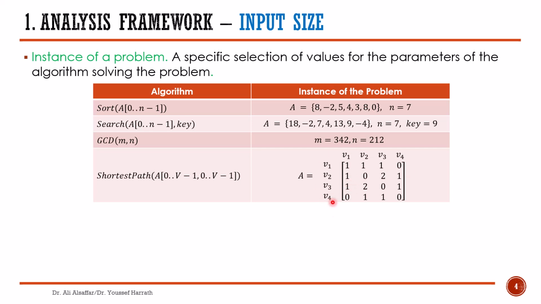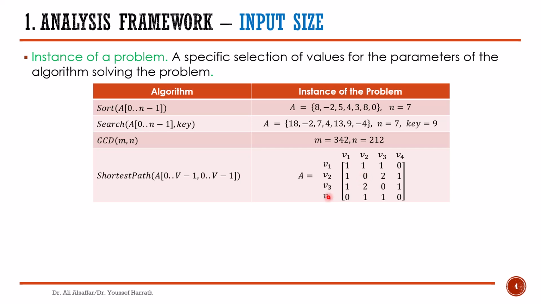And here is an example of an instance of the shortest path problem, a two-dimensional array representing the adjacency matrix for the graph with some values of the elements.